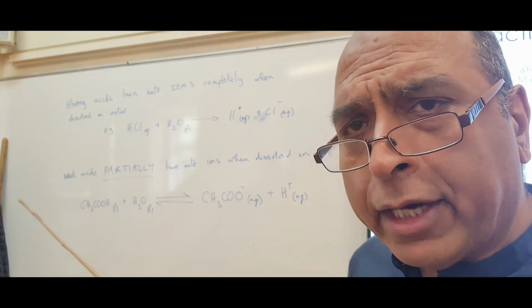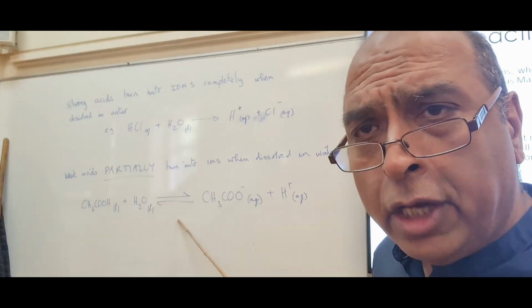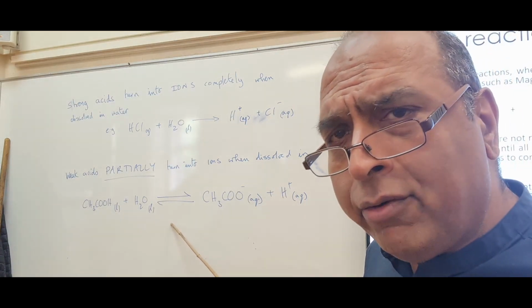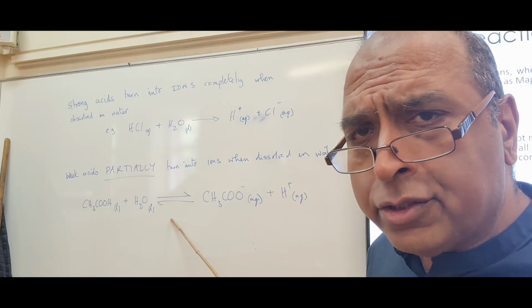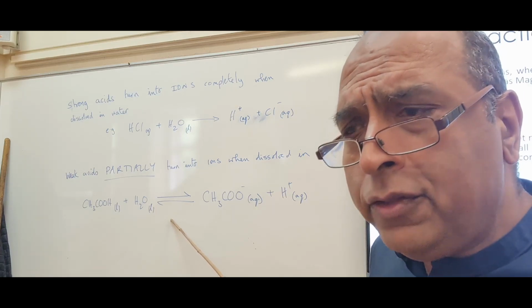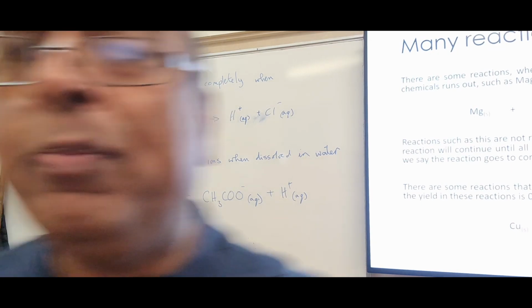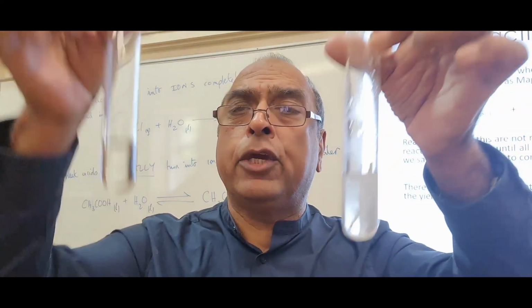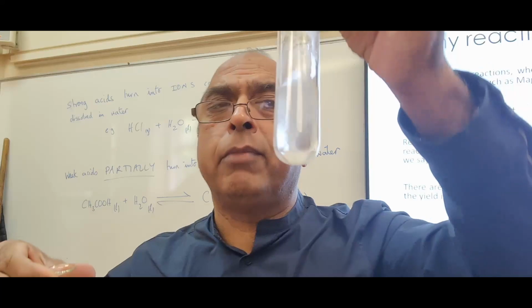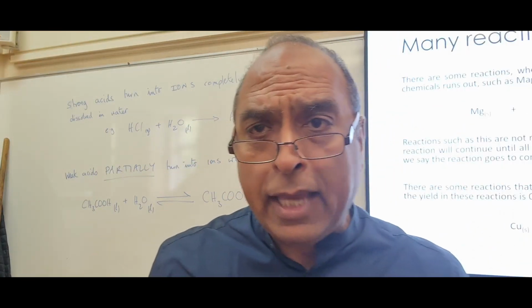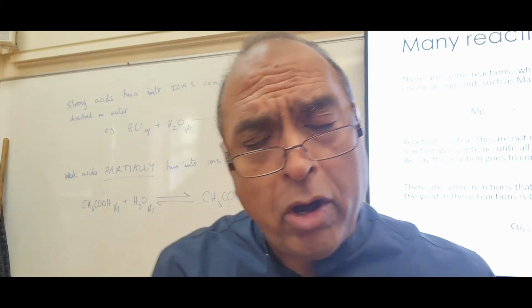And reversible reactions we show with a double-sided arrow like that. So you've got to learn to use that kind of arrow for reversible reactions. Reversible reactions are the reactions that are in between the copper no reaction and the magnesium complete reaction models that we have. Reversible reactions are in between.